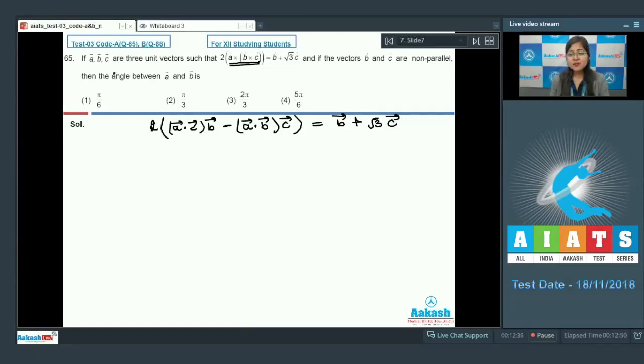Now here, as B and C vector are given to be non-parallel, the coefficients of B vector on both sides will be equal and the coefficients of C vector on both sides will also be equal. So we can see that 2 into A dot C vector is equal to 1 and minus 2 times A dot B vector will be equal to root 3.